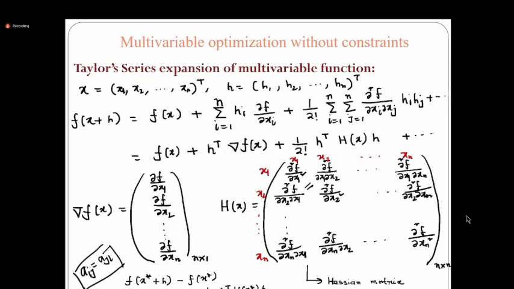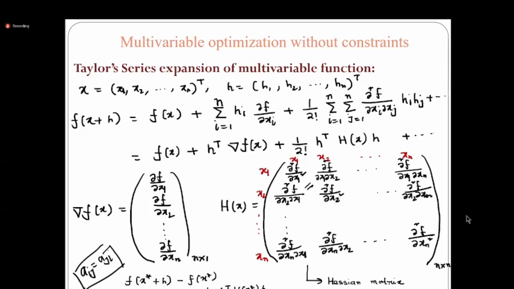Already we have seen that this is called a quadratic form, and we have seen when this quadratic form will be positive or negative. If this is positive, then it will give us a local minimum at that point x star. And if it is negative, then it will become a local maximum at that point x star.